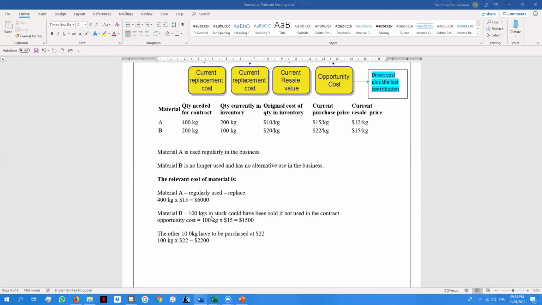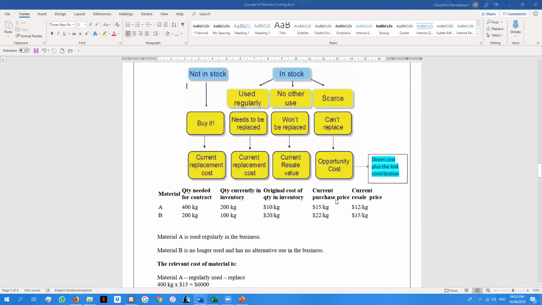So now you've got a situation where the relevant cost for B is actually made up of 2 parts. Let's see. Material B, 100 kilograms in stock. And it could have been sold if not used in the contract, meaning sold as scrap. So for that 100, we're going to charge the relevant cost as being the scrap value, which is $15, $1,500 therefore in total. But the other 100 is needed as well. It comes as though tools being applied here are as follows.